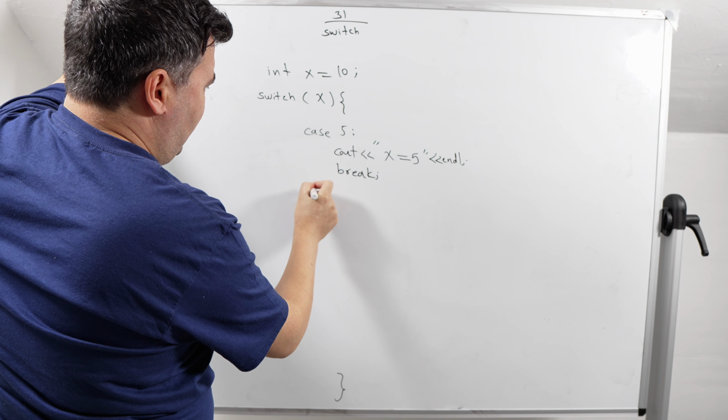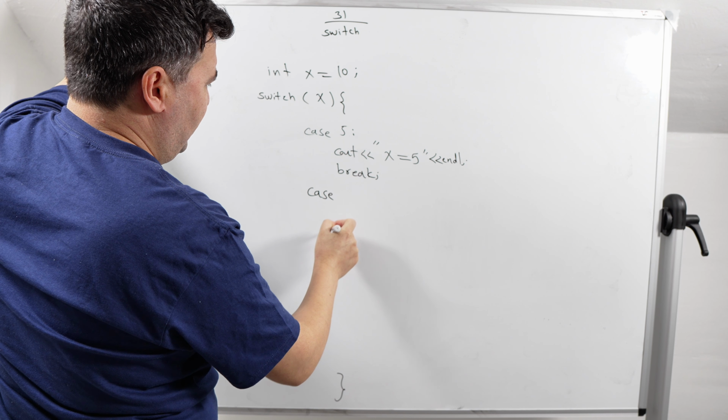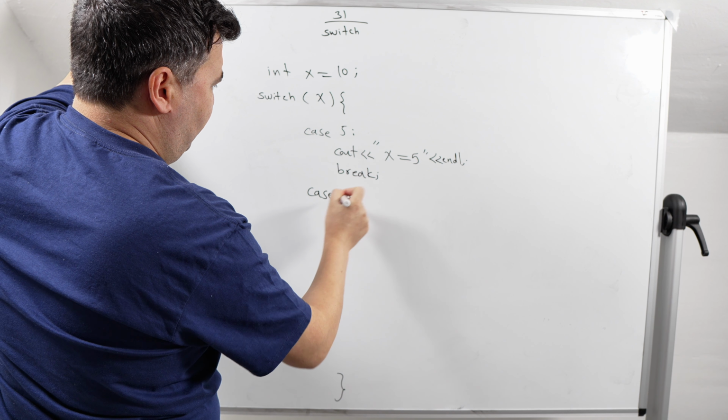Then I can check another case, 10. And here I cout x is equal to 10, endl, and then break. We have break, B-R-E-A-K.